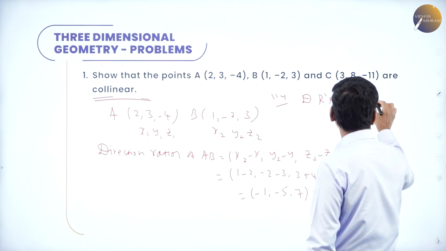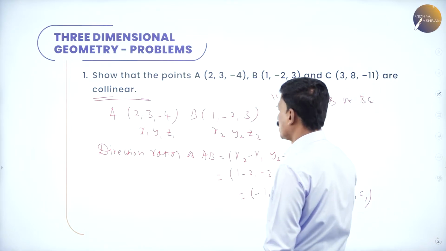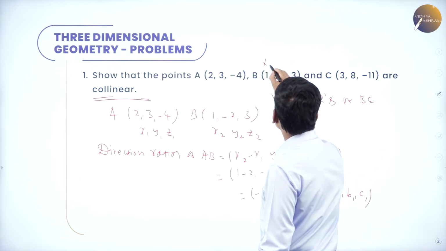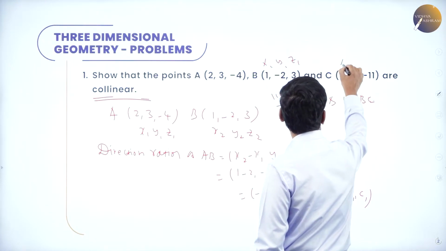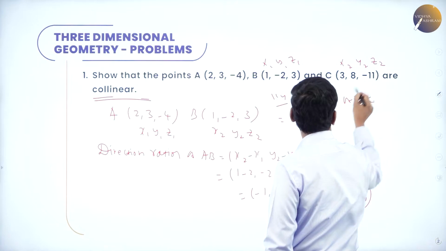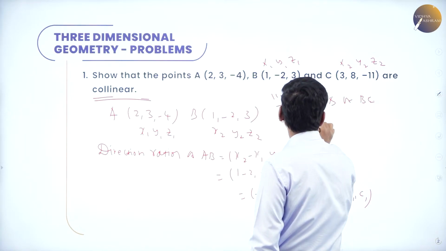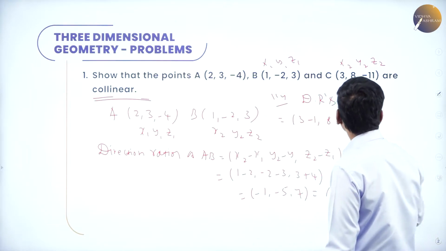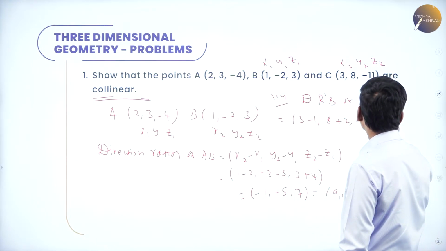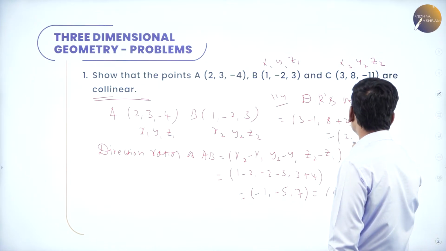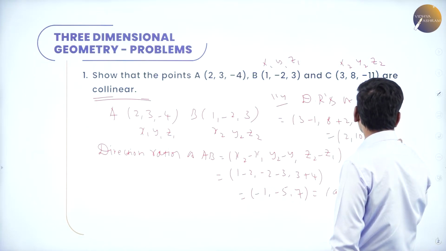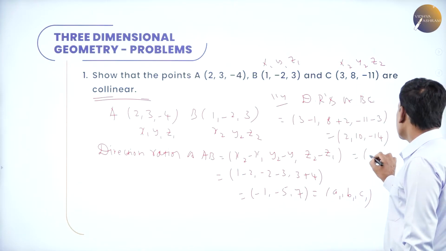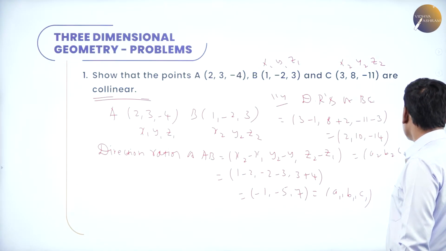For BC, with B as x1, y1, z1 and C as x2, y2, z2, this can be written as 3 minus 1, 8 minus of minus 2 is plus 2, and minus 11 minus 3. This is equal to 2, 10, minus 14. Let us call it A2, B2 and C2.